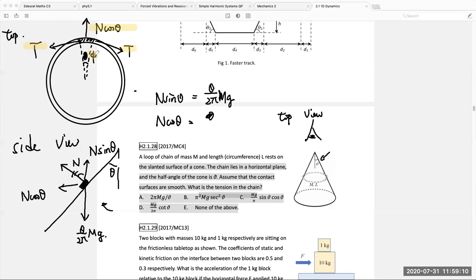Let me draw it clearly here. So cut it into half.